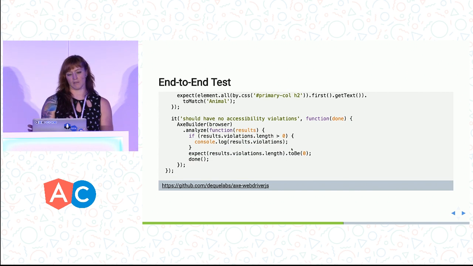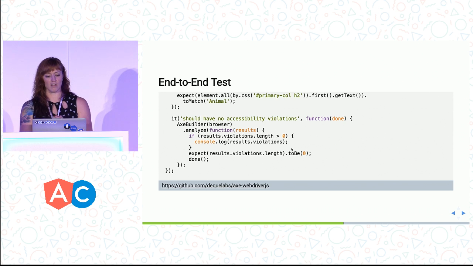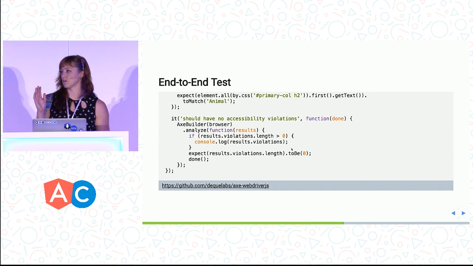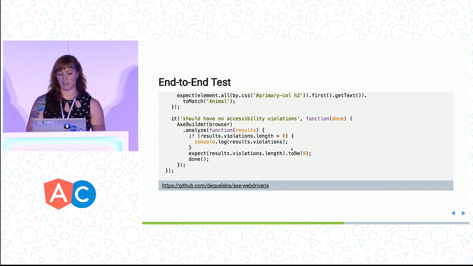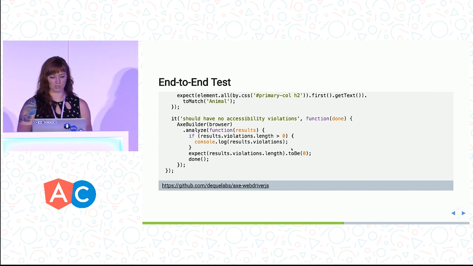It injects Axe into the page, and you can run axebuilder.analyze, a method that you hand a callback function with a results parameter, and that will return a JSON object with a set of rules. Things will either pass or fail, and things that fail, you can then go and fix. And it's the same set of rules as in the browser extension, which is really handy.